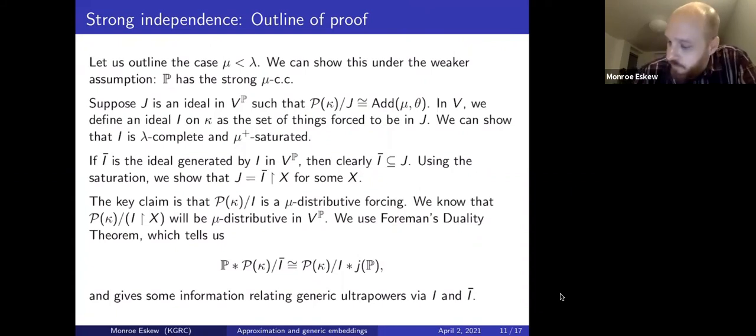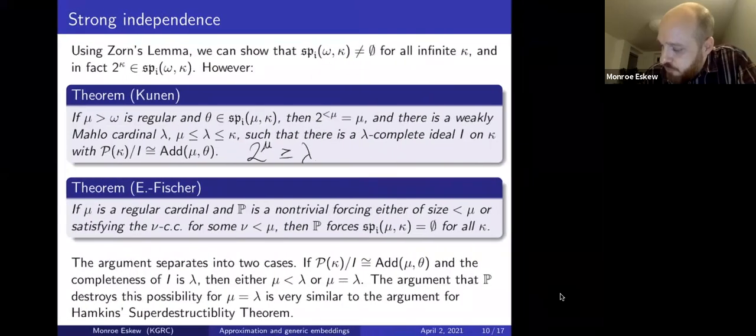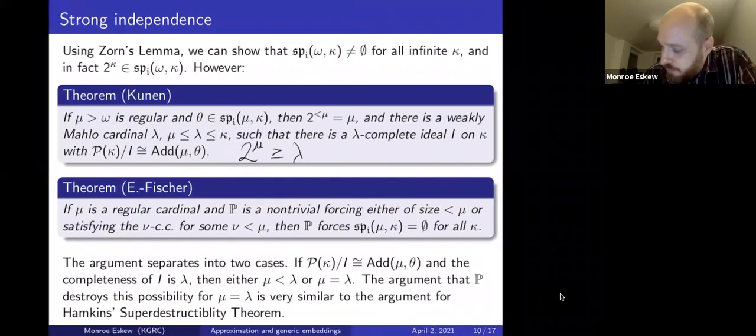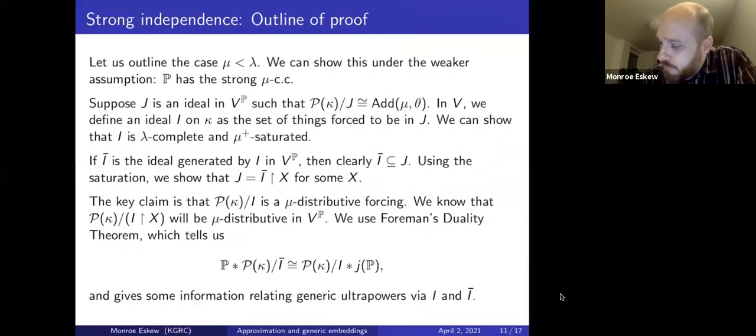We can weaken the assumption. So P can have the strong mu-c.c. So it doesn't have to be smaller than kappa or smaller than mu, or having an even stronger chain condition. So yeah, and in the case mu equals lambda, you do need that.